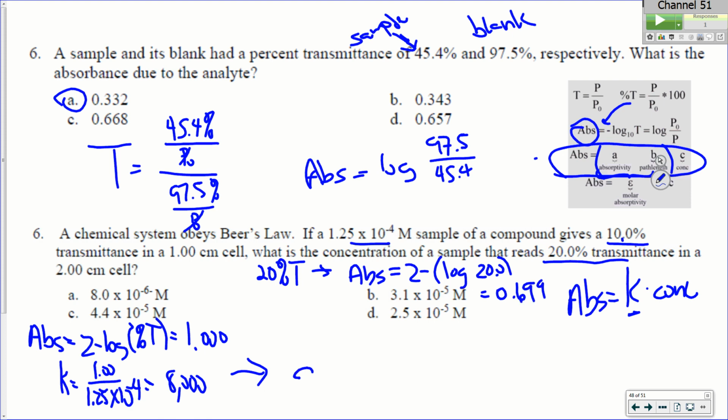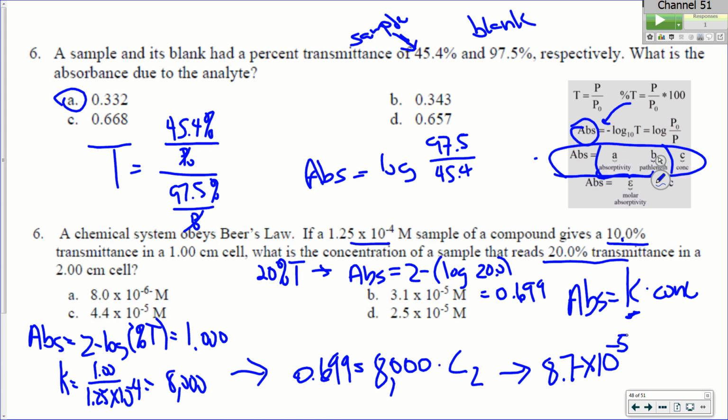So now 0.699 is equal to the K, which we just found was 8,000, times the concentration, or the unknown here. So when I just take that and divide it, I get the concentration is 8.7 times 10 to the minus 5th.